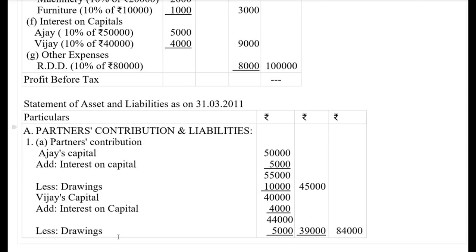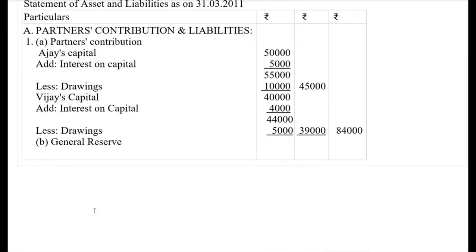Then the next one comes here, number 2, general reserve. Of course, there is nothing in the general reserve here. Sorry, this is B here, not 2. General reserve. Then number 2, it is liabilities. Here A, secured liabilities or secured loans.